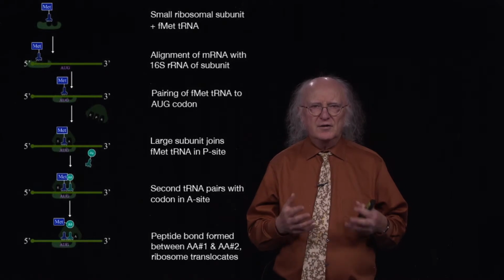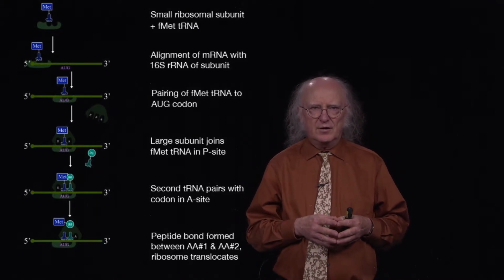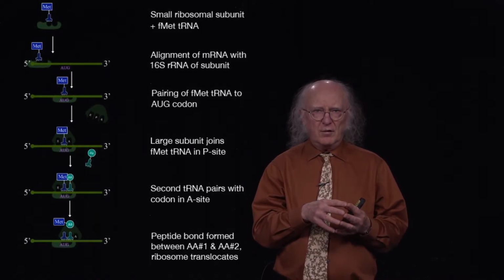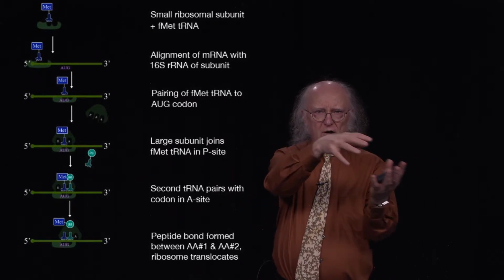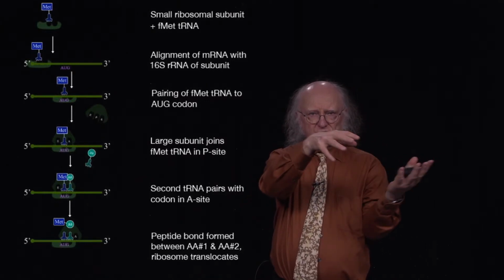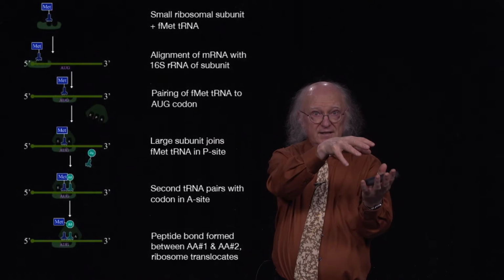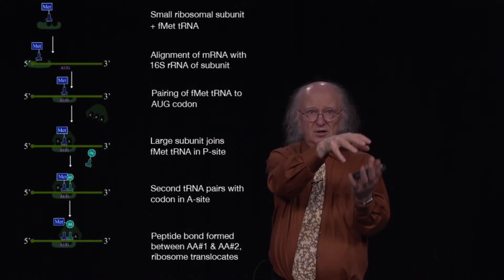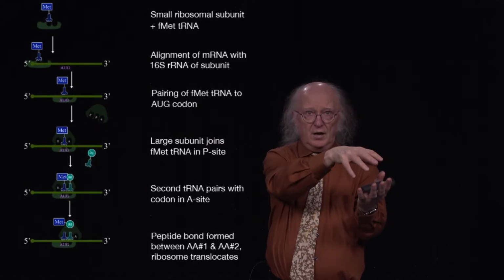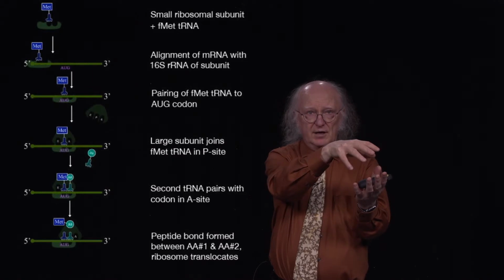When the small subunit binds to the messenger RNA, it scoots along looking for that complementary Shine-Dalgarno sequence, and when it finds it, it stops because it knows that the start codon, the AUG, is very close.